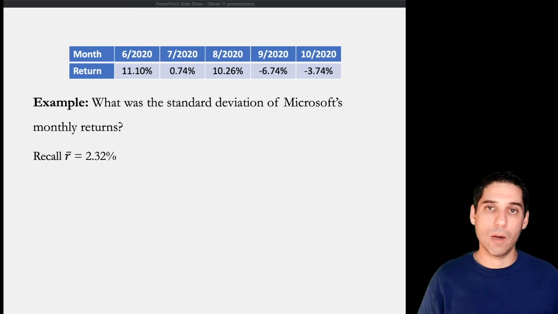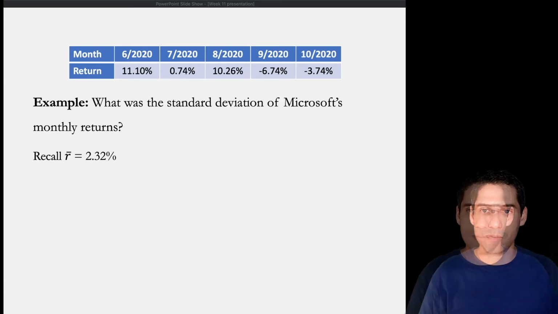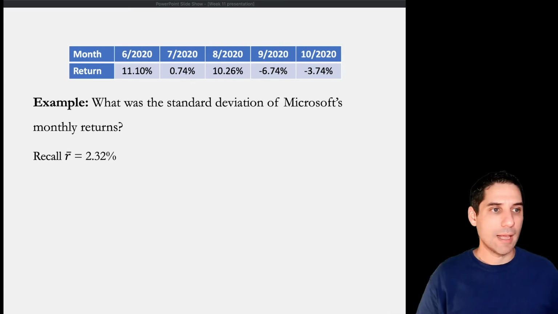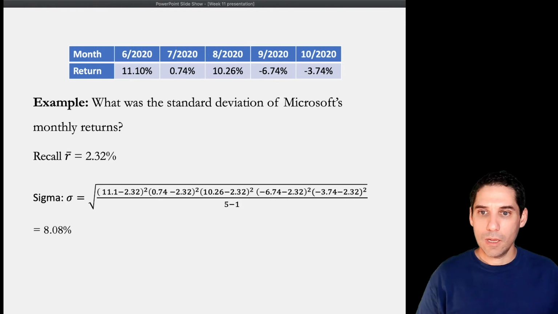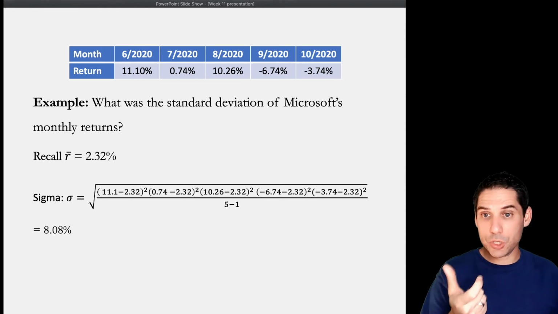We have our R bar, arithmetic average return, 2.32, just the mean of these 5 numbers. And then we plug them in our formula. If we are just using the formula directly, square root of these deviations from the mean.